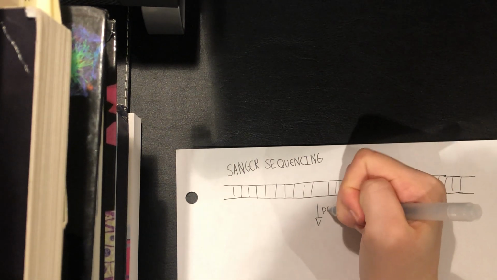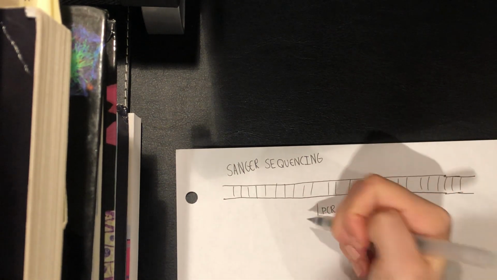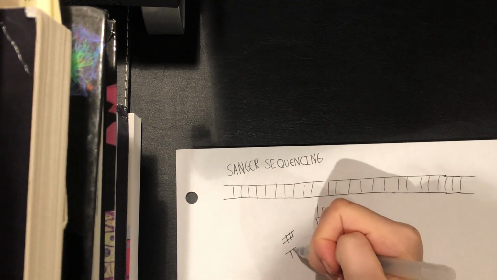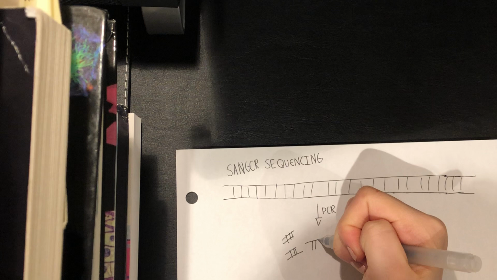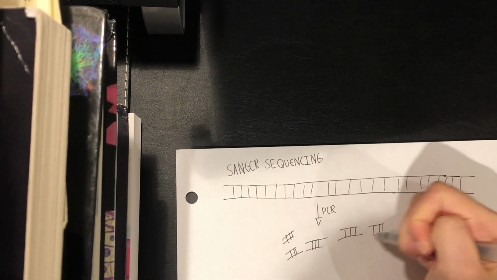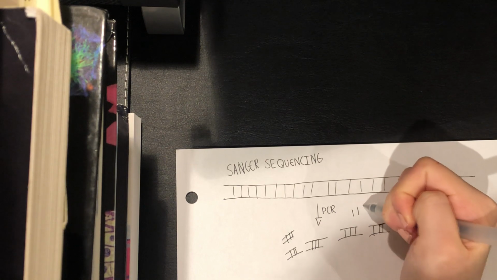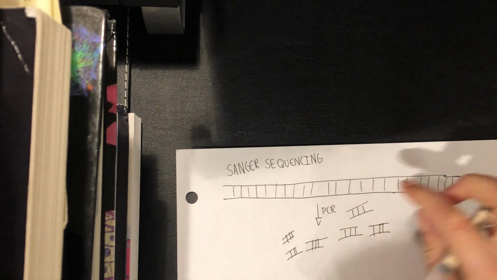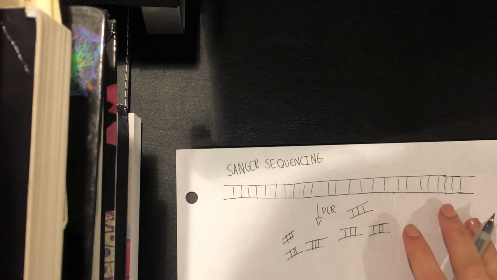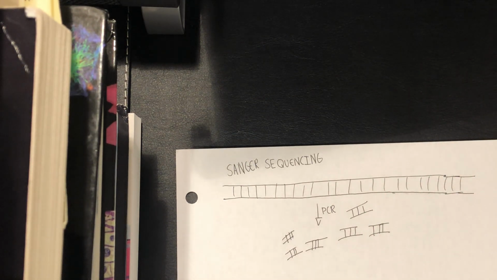So you're going to do the process of PCR first to generate, I'm making them smaller, but imagine those are the exact same DNA molecules, because you want to generate a lot of your DNA. And this will become clear as to why a little bit later on when we get through the process of sequencing.